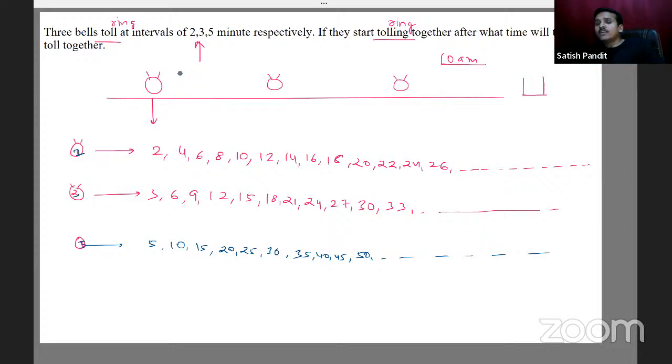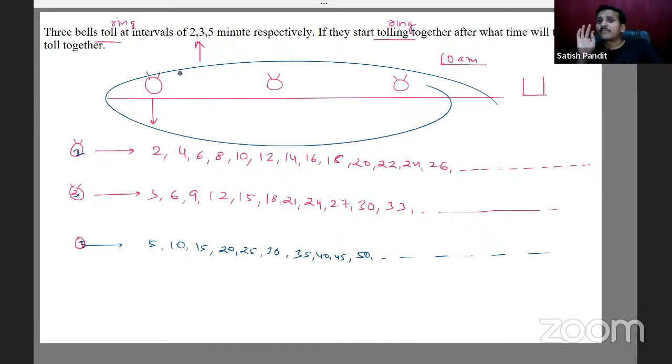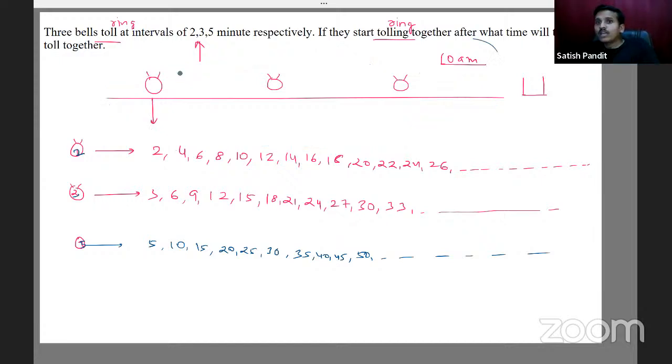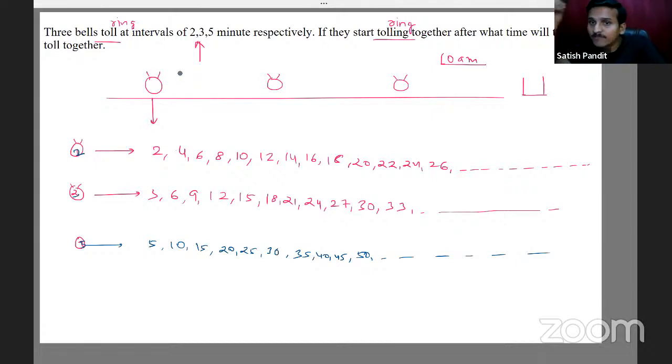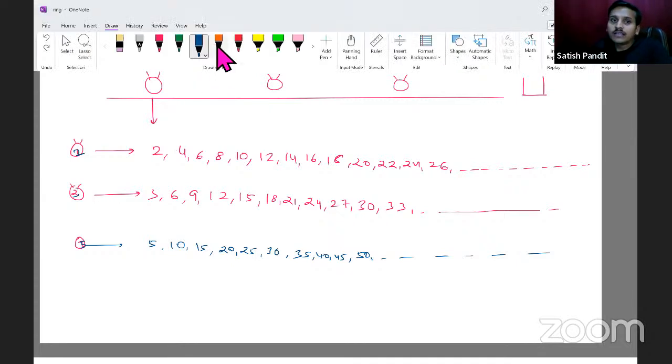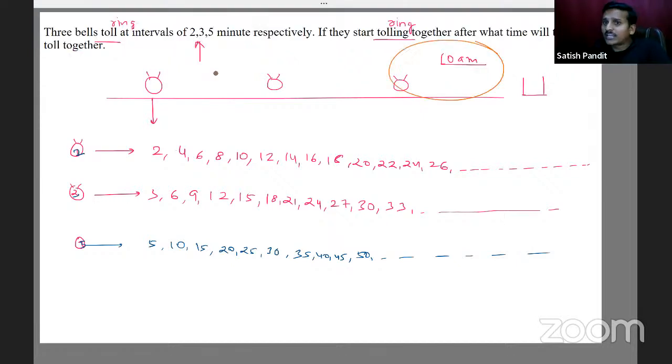Now, you are starting all 3 bells at the same time, 10 o'clock. After what time will they next ring all together? See, all 3 bells you started at 10 o'clock.